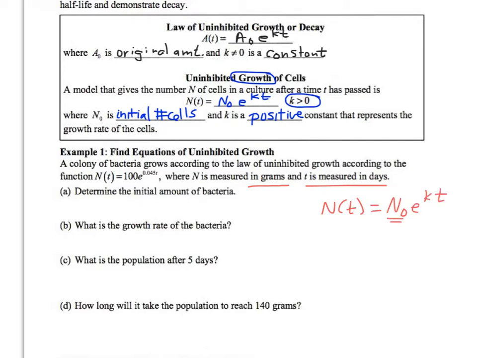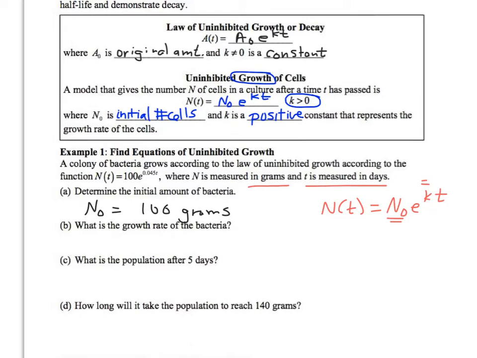We can see our N sub 0 in this case is 100, and our k is 0.045. To determine the initial amount of bacteria, the initial amount of cells is always given by N0, the number in front of e. So in this case, it's 100, and it would be grams. So this bacteria starts at 100 grams, and then it gets larger and larger.